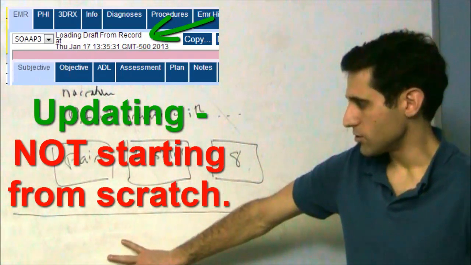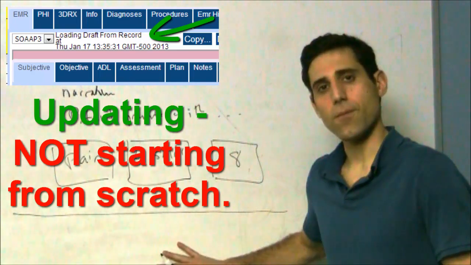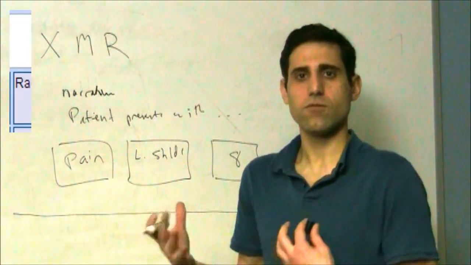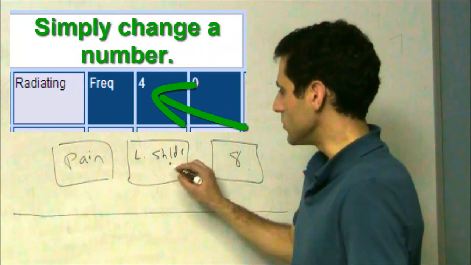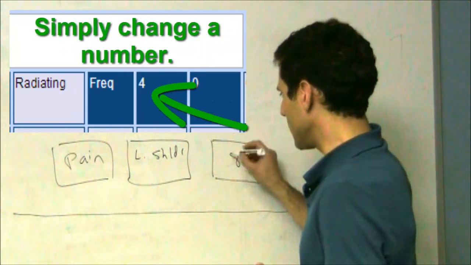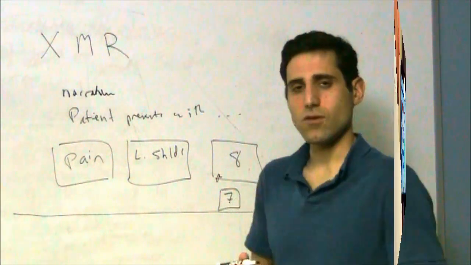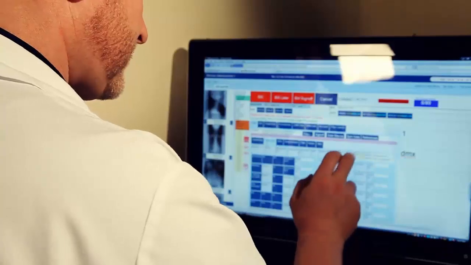starting from scratch and building another note, XMR automatically pulls in the previous visit's note for you, and it allows you to simply click into a value like this and change it to a 7 or to another value in line.